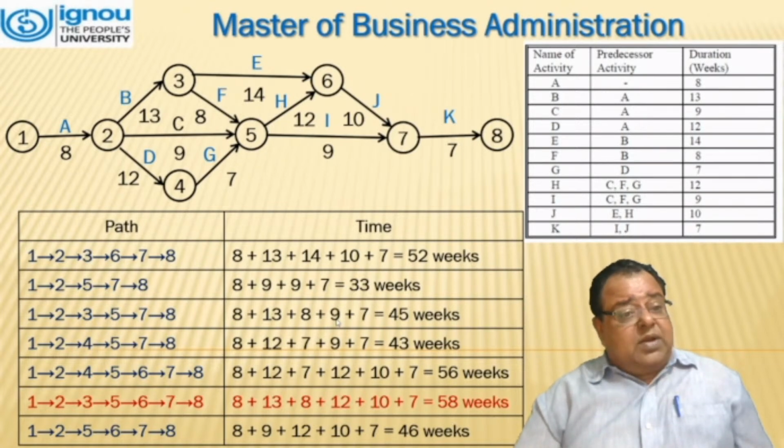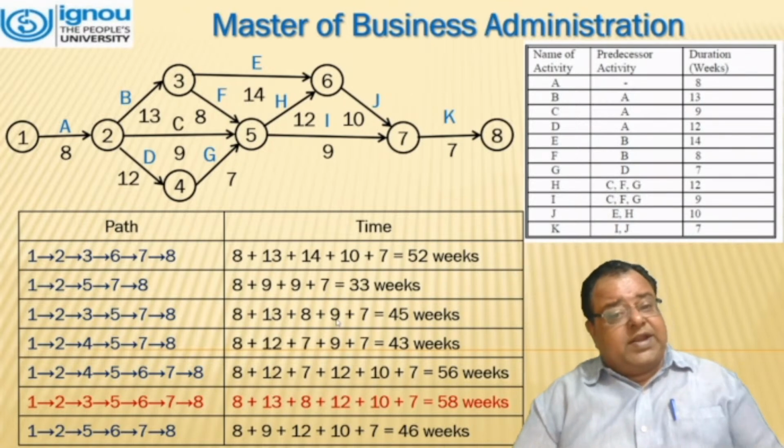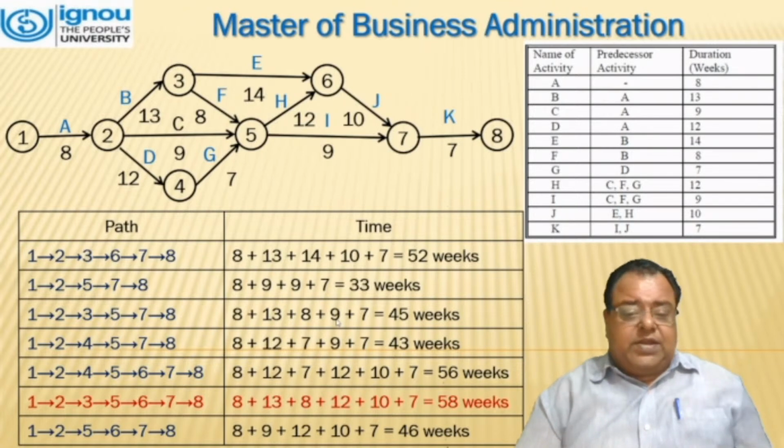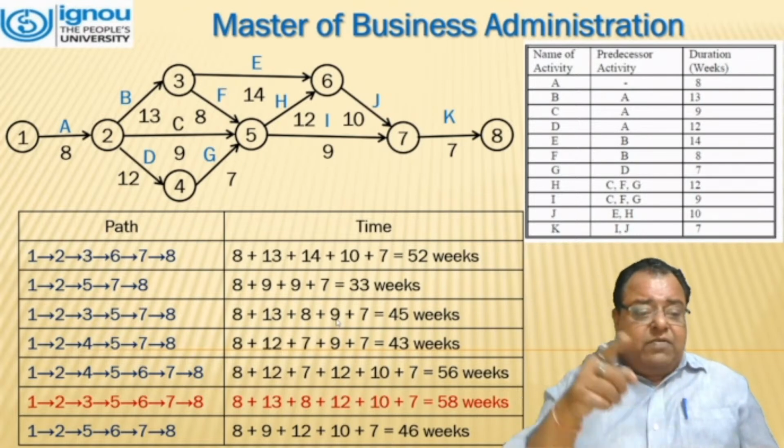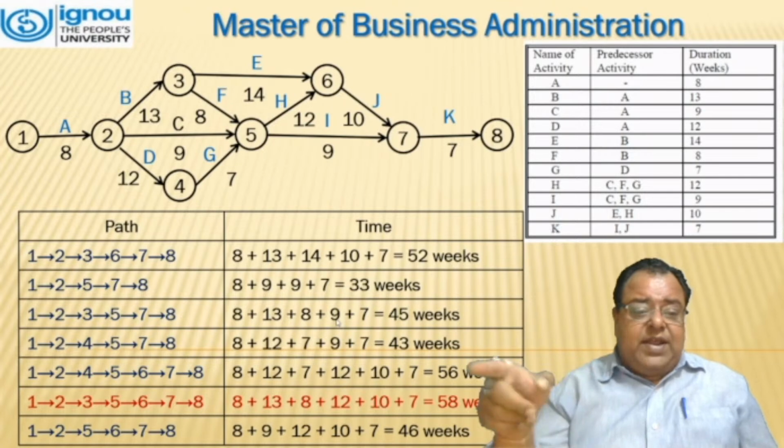The third path is 1, 2, 3, 5, 7, 8. For that, it comes out to be 45 weeks. The fourth one is 1, 2, 4, 5, 7, 8. For that, it comes out to be 43 weeks. The next one is 1, 2, 4, 5, 6, 7, 8.